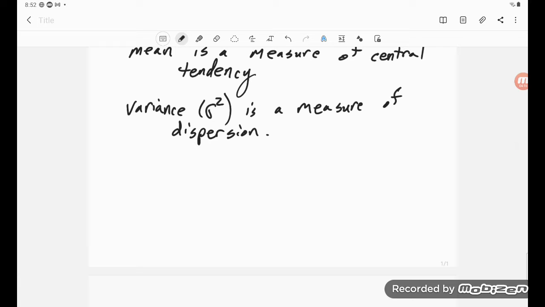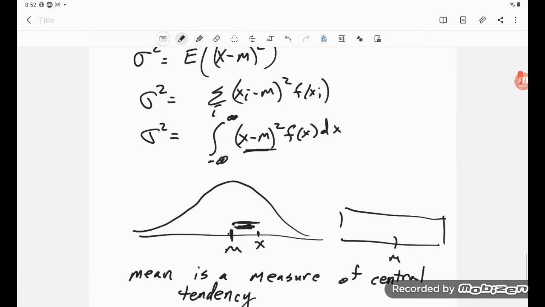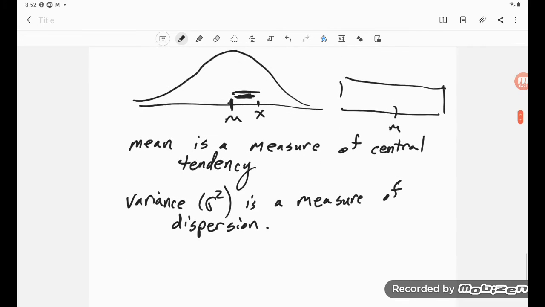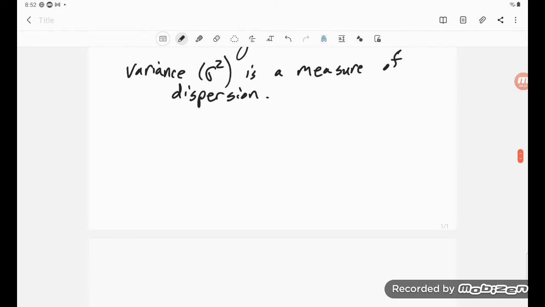So that's the variance, and we can calculate it that way, but we could also calculate it slightly differently. If we take our sigma squared, and we do it with the continuous case, the discrete case works just the same.